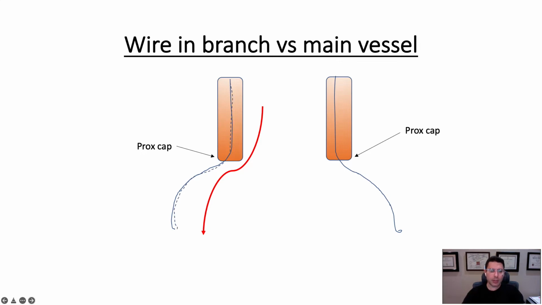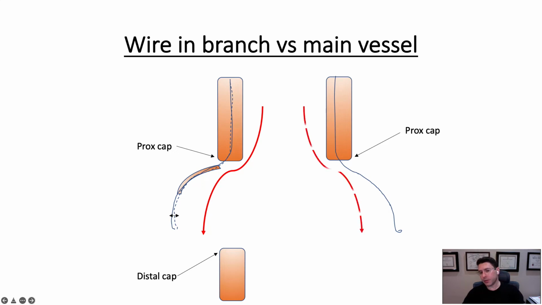So you can see here that the way the wire is behaving, the lateral movements of the wire are very narrow. There are no major buckling here, just a small amount of movement. And if the operator thinks that the reconstitution of the vessel is lined up with the proximal cap, then of course this is a wire in a branch or a collateral.